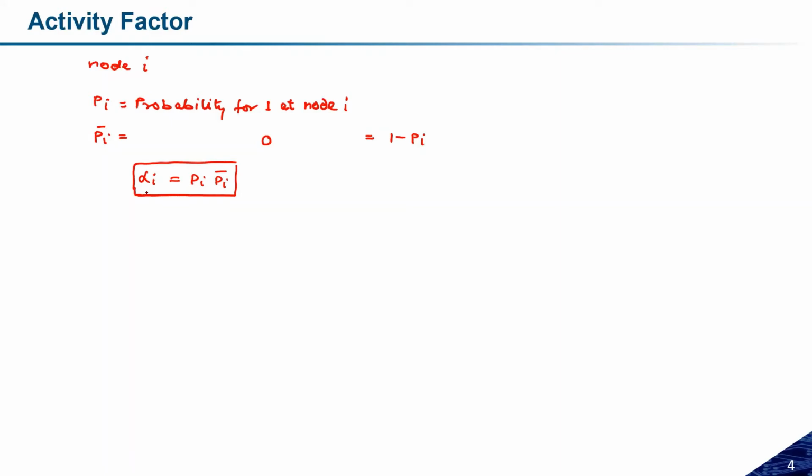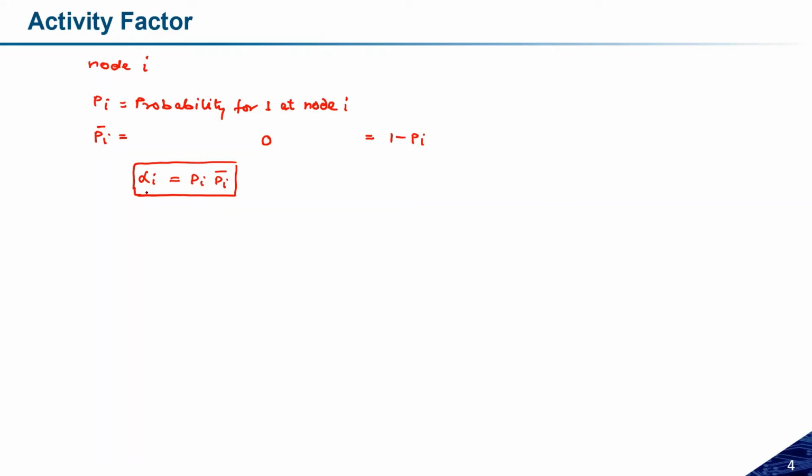But what happens if I have more than one input? In that case, the activity factor will change. The probability of getting the output will also change, that is, the switching probability will change.